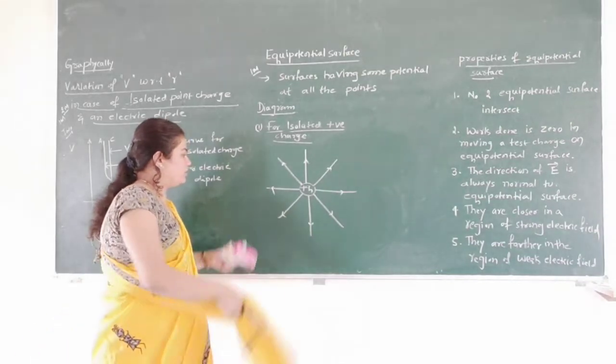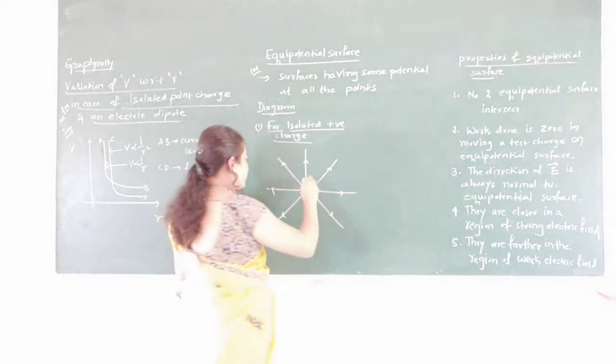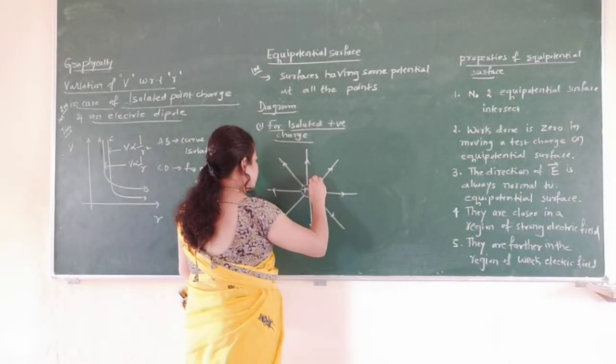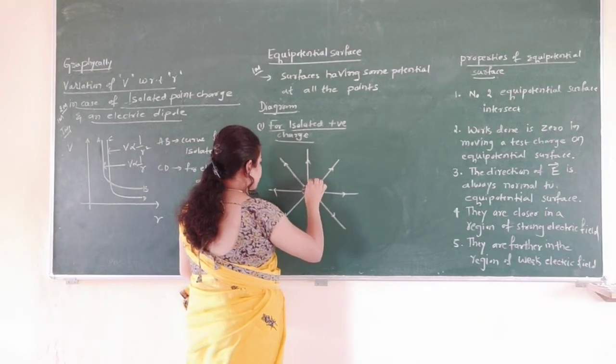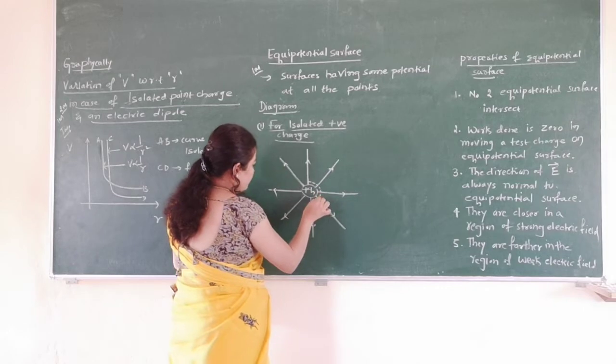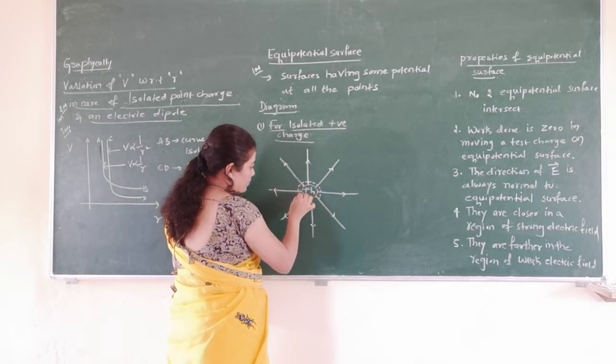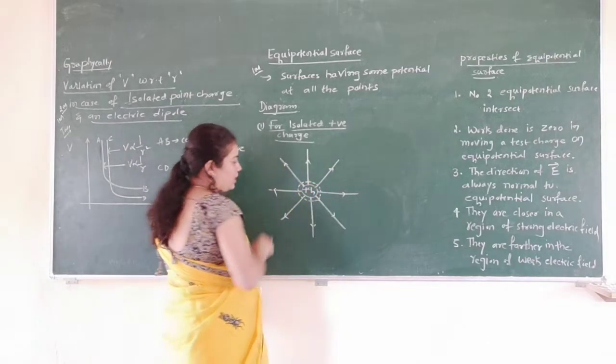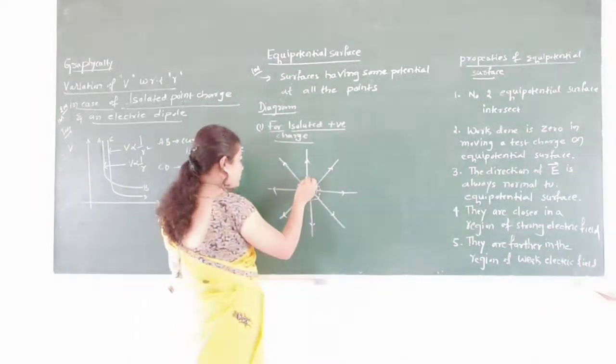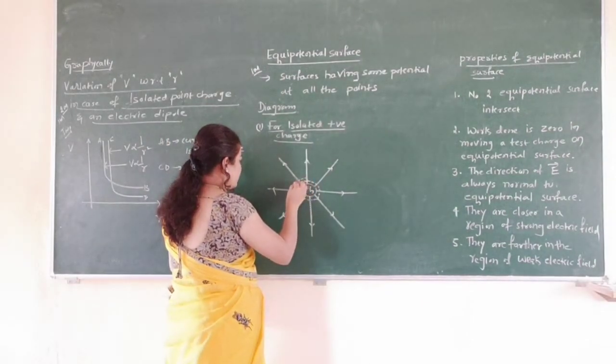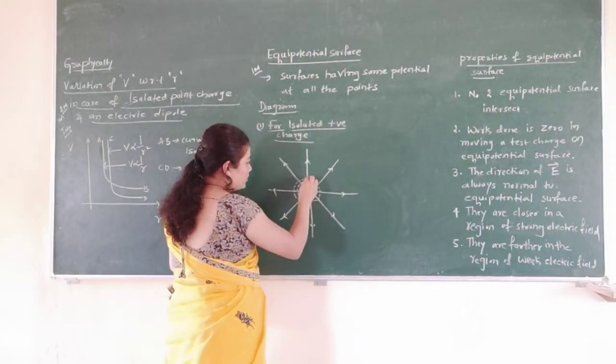In the region of stronger electric field, we have to draw equipotential surfaces very close to each other. This is one equipotential surface. Another equipotential surface.